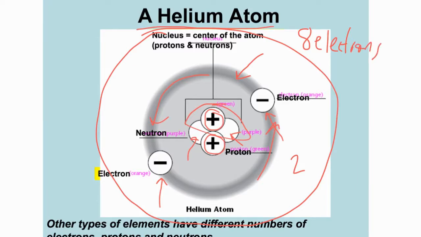And what you need to know is all elements want to get 8 electrons in their outer shell, or if they're like helium, they only want to have 2 in their outer shell. So they want to have their outer electron shell filled. So with helium, the first electron shell is filled with 2. But for all the other elements, they want to fill it up to 8.